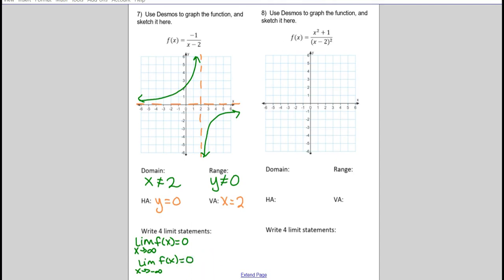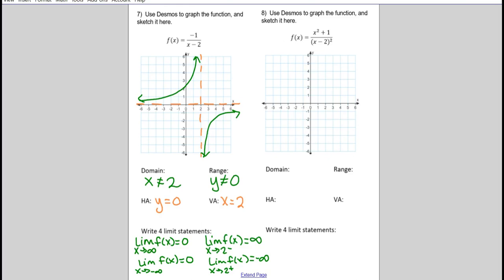So those limits relate to our end behavior, and then related to our vertical asymptote, we can say the limit of f of x as x approaches 2 from the left, and the limit of f of x as x approaches 2 from the right. And to the left of the vertical asymptote, it's going up toward infinity, and to the right, it's going down toward negative infinity. Okay, we can do the same thing for number 8.